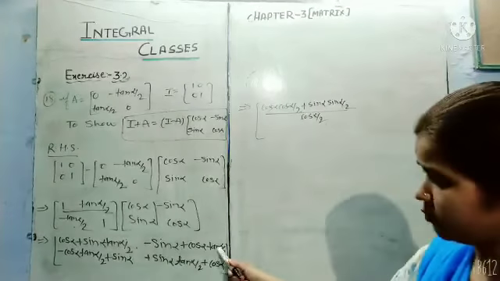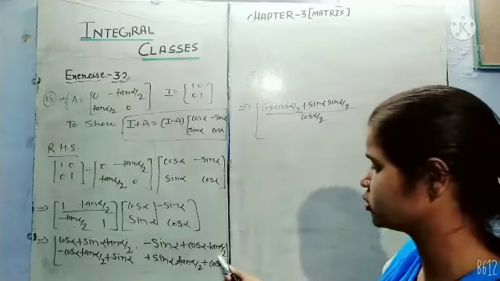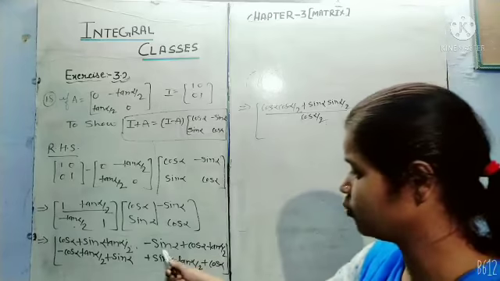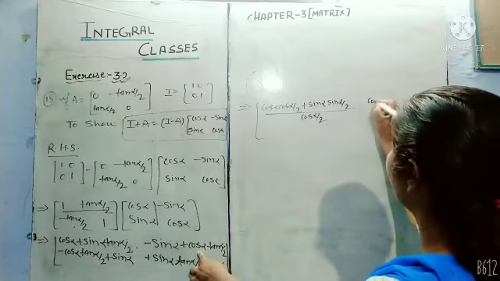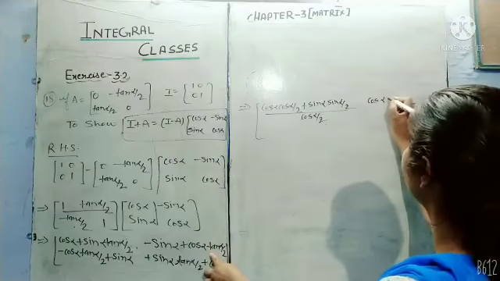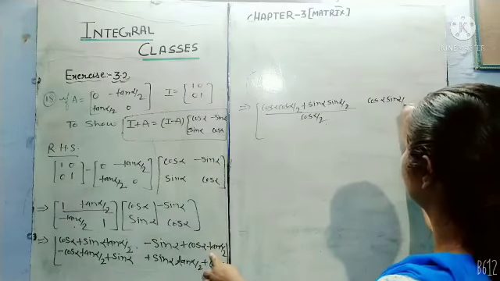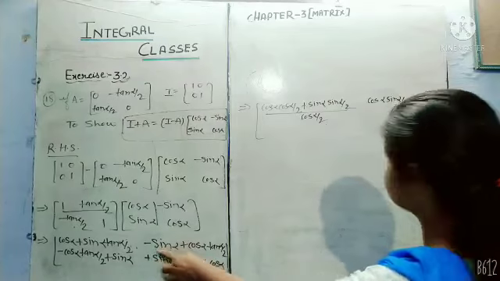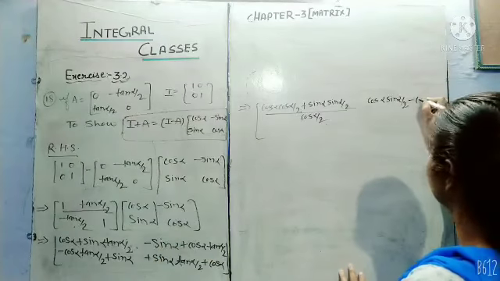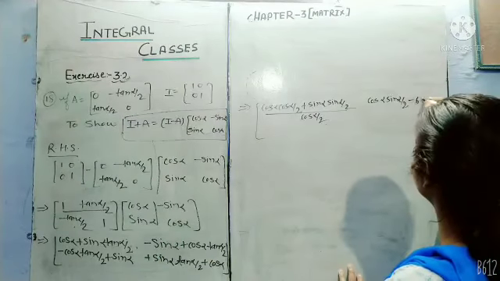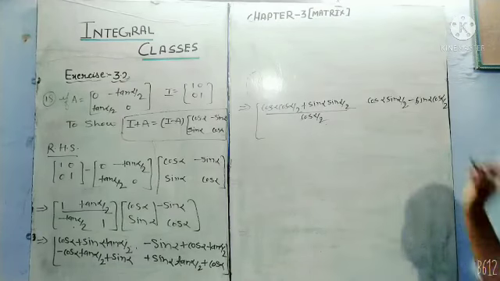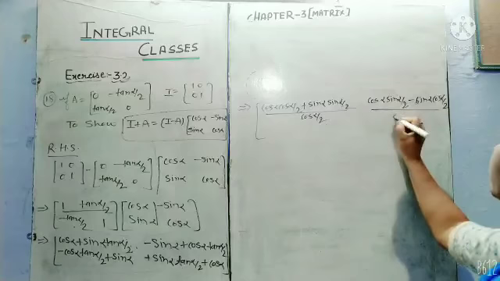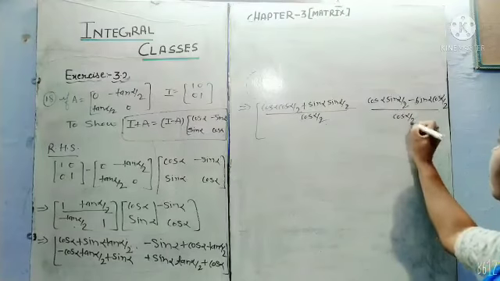Similarly again we write sin alpha upon cos alpha, and cos(alpha/2) multiplied by this. Then we will write cos alpha sin(alpha/2) minus sin alpha cos(alpha/2) upon cos(alpha/2).